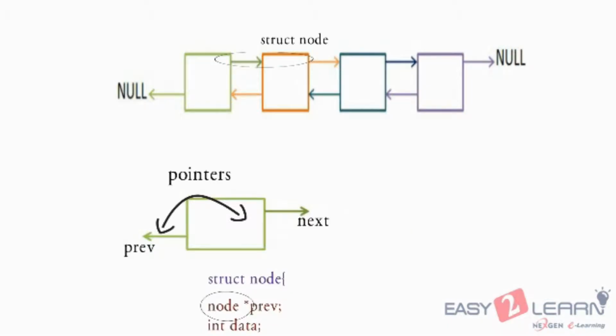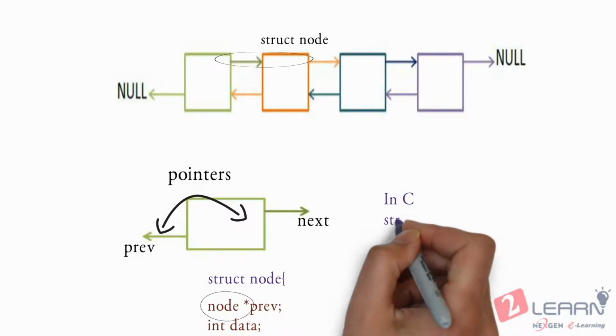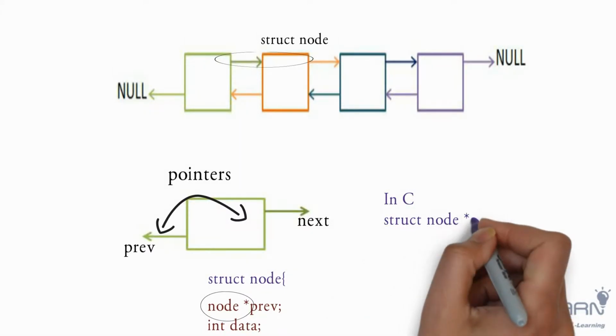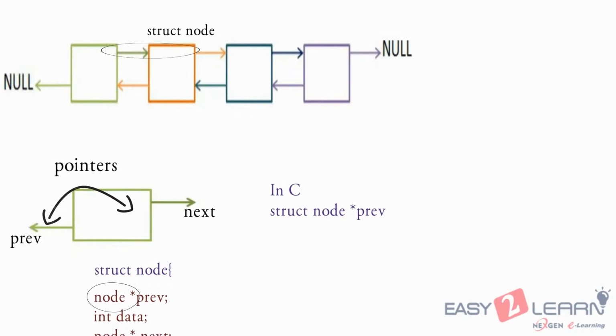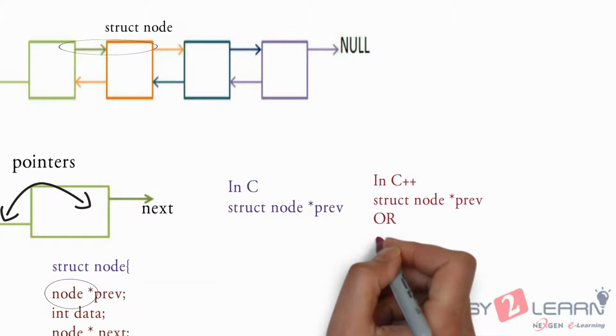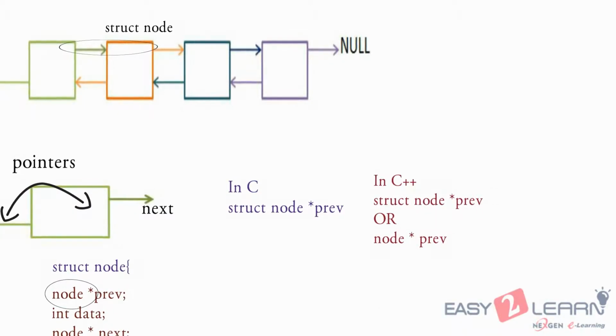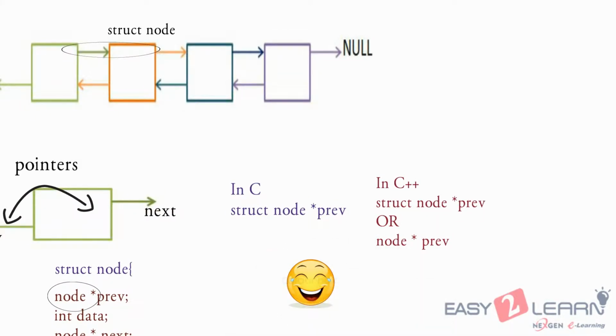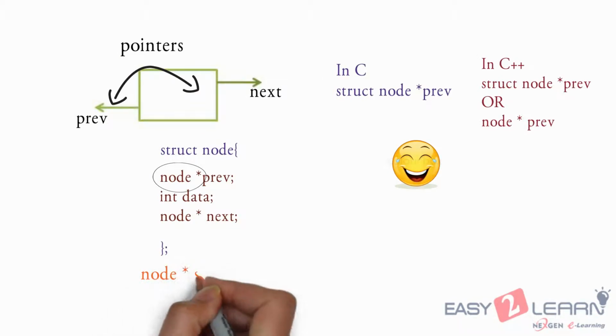That's why my pointer is of type node. In C programming, this is how we code a node: struct node previous with an asterisk. But in C++, we can even avoid using the keyword struct. I hope you understood till this point.